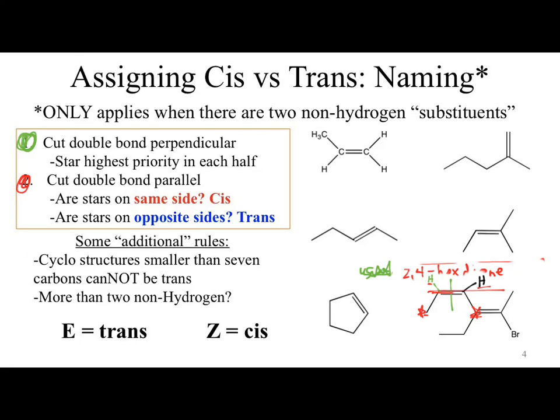At position 4, what's the arrangement of the atoms around the double bond? It's Z, 4Z. And we could put parentheses around that. Because we have that double bond at position 2, we'd also have to specify it, so we can start to predict that we're going to have that 2 and some extra information about it. Does that make sense?